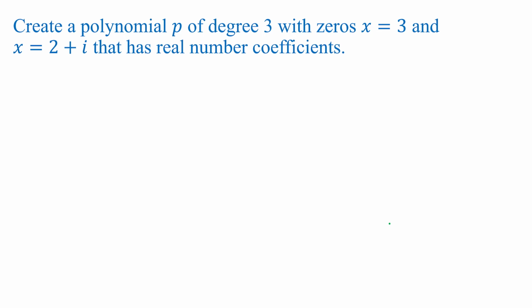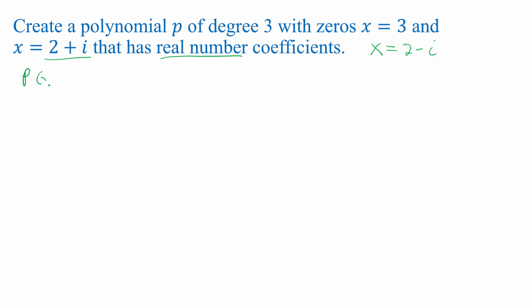Now we're going to create a polynomial p of degree 3 with zeros x equals 3 and x equals 2 plus i that has real number coefficients. Well, for this to be true, we need the complex conjugate of 2 plus i to also be a zero. So that would be x equals 2 minus i. And now I'll set up my polynomial.